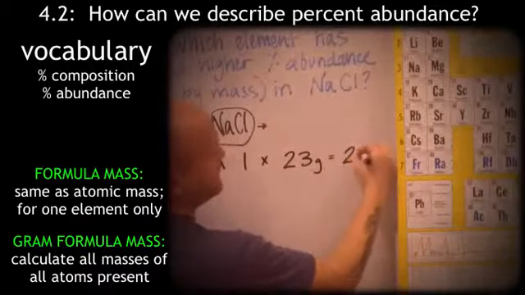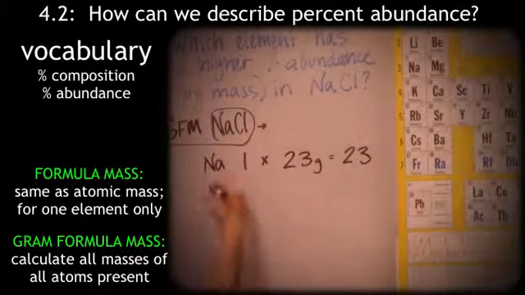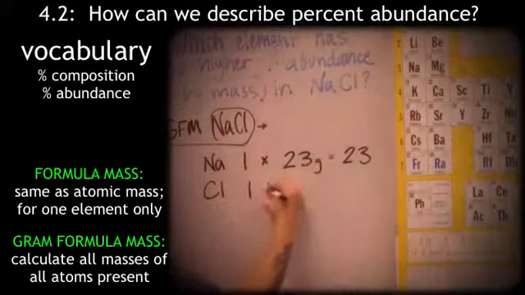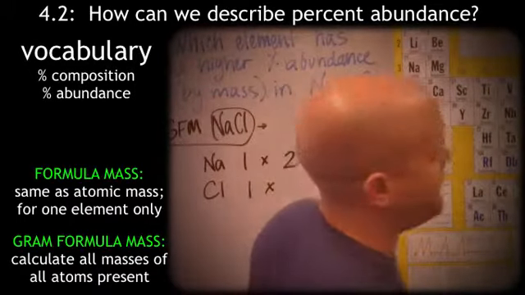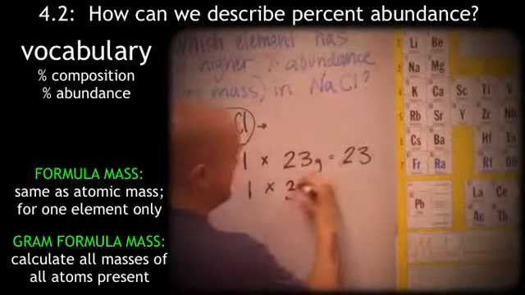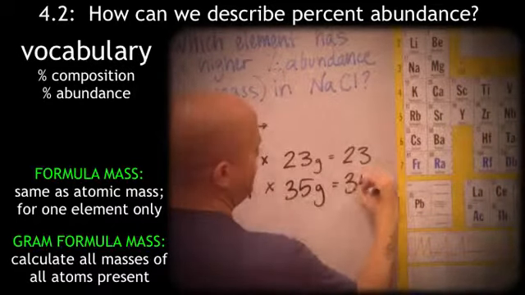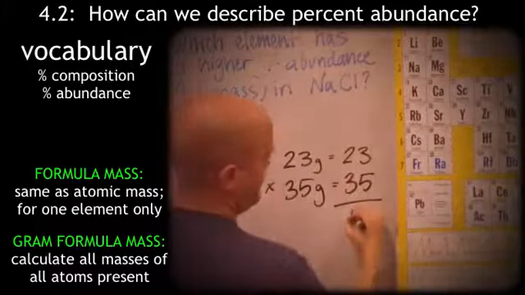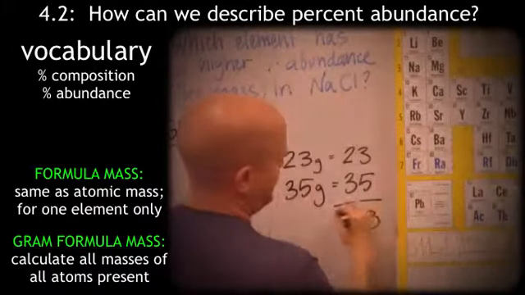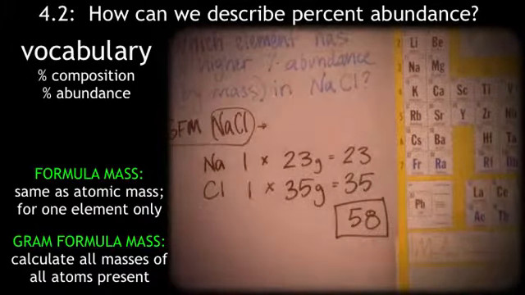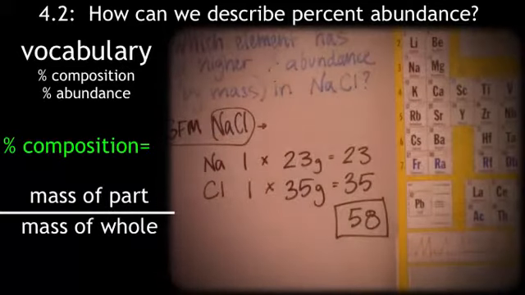Chlorine: we have 1 times the mass, which is 35.45, so I'll say it is 35 grams. Total them up, that is 58. So 58 equals the whole.